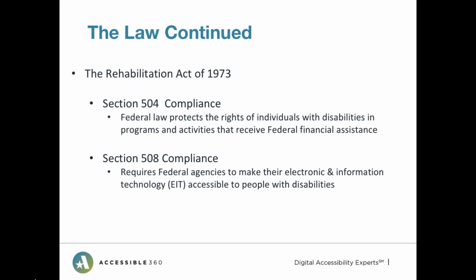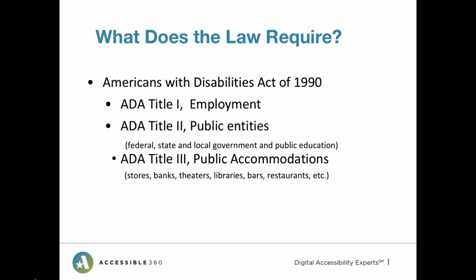So they would already need to be compliant due to Section 504. And then Section 508 covers federal agencies' government websites. So the federal websites, the state, county, and city websites should all already be compliant. I'll tell you, they're not. There's a lot of people researching this across the nation, and they need to up their game as well. But that is the first law.